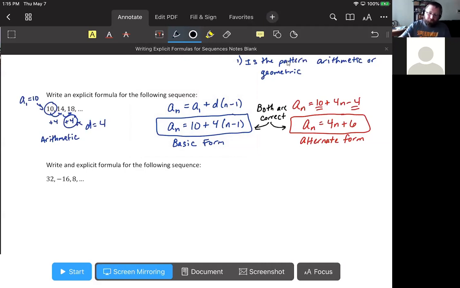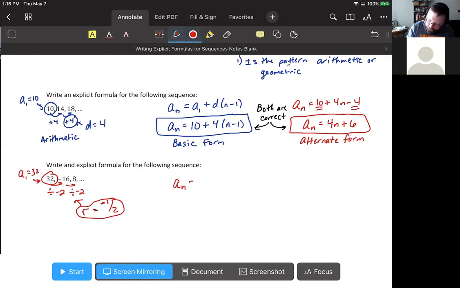Okay, so on the next one, we're looking for a pattern. That pattern is a division pattern. You are dividing by -2. Which means, since it's a division, that R is -1/2. We're multiplying by -1/2. Our first term is 32.